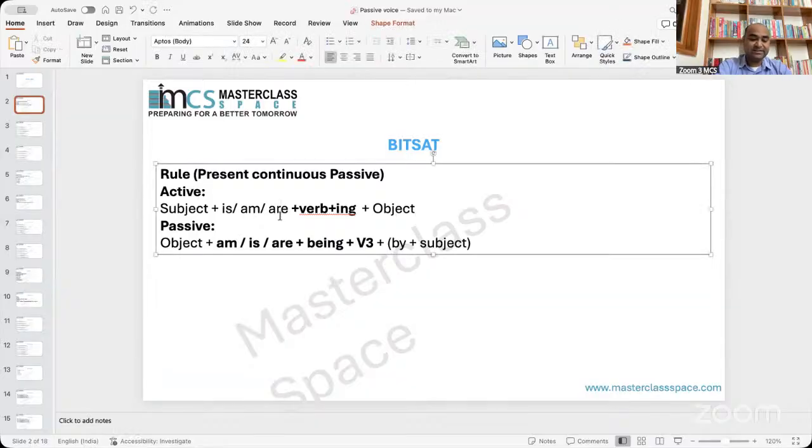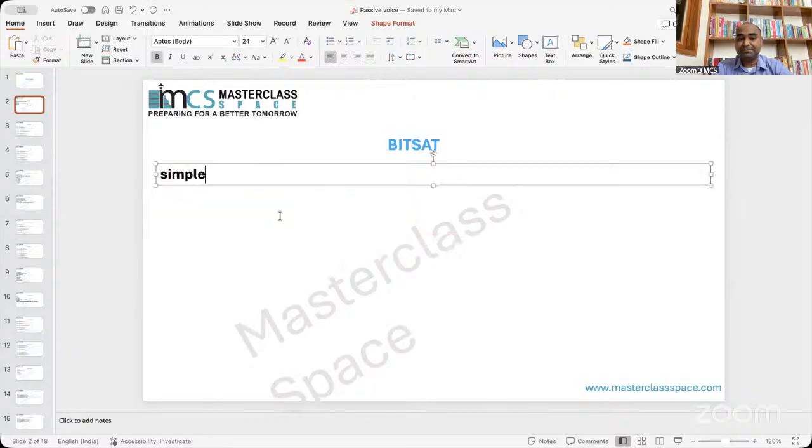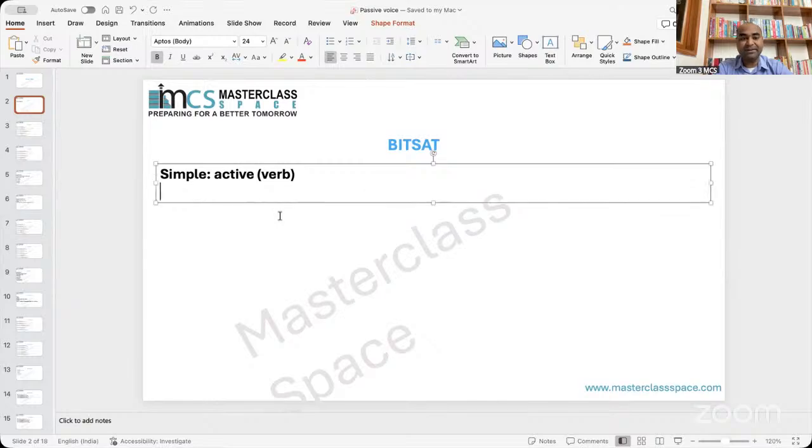So now let us understand everything in short. All right. So look here. Simple, if it is active, then what? You just need to look at the verb, right? But if it is simple passive, then it will be the past participle verb. The simple verb will be converted into past participle. Okay.